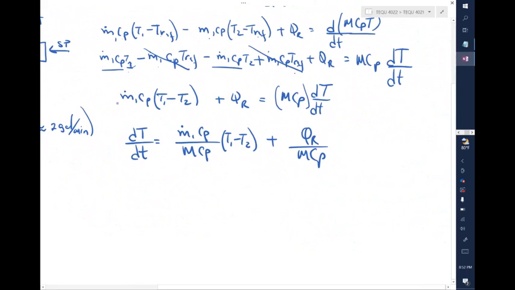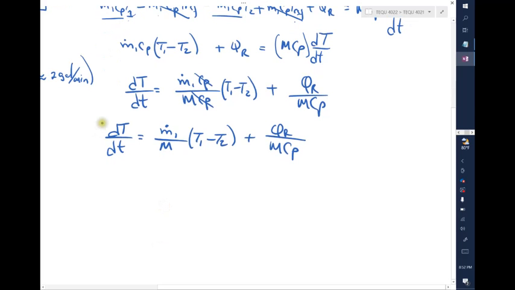Now let's simplify a little bit. Cp cancels out and you end up with the rate of change of temperature equal to M1, the mass flow, divided by M, times T1 minus T2, plus QR over mCp.